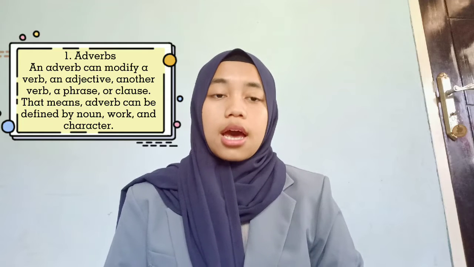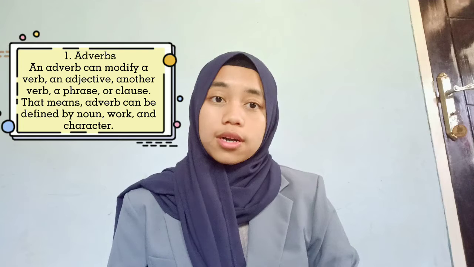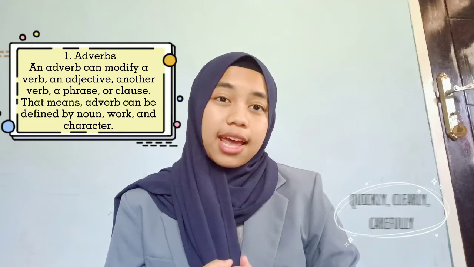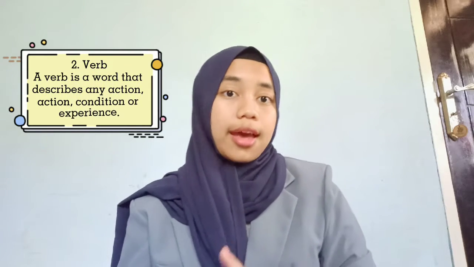That means an adverb can be defined by noun, word, and character. Example: carefully, clearly, and quickly. The second is a verb. A verb is a word that describes any action, experience, or condition.